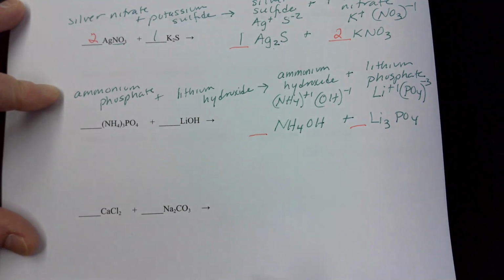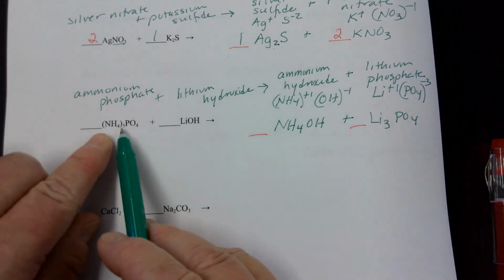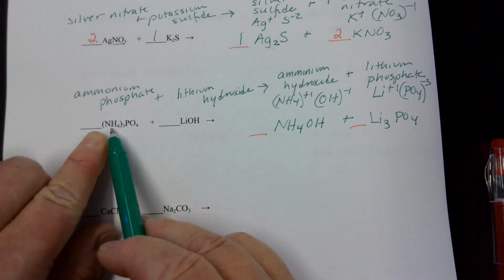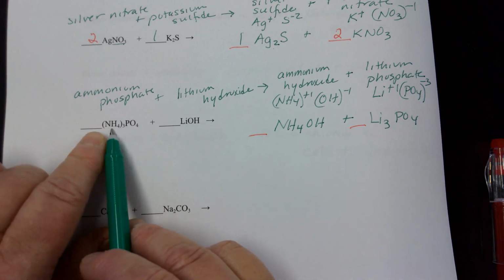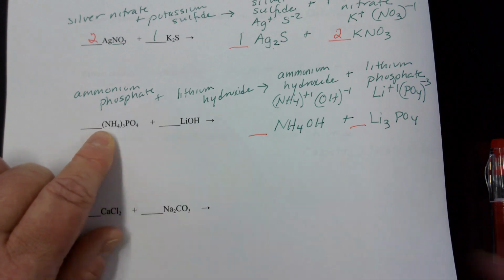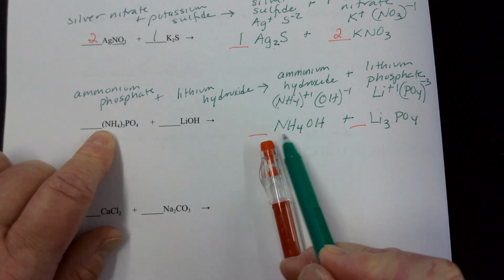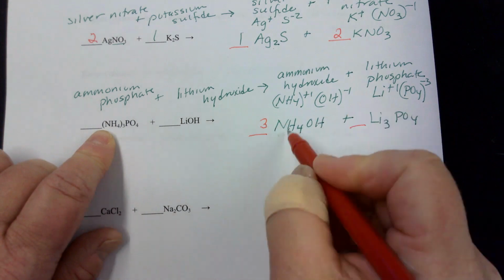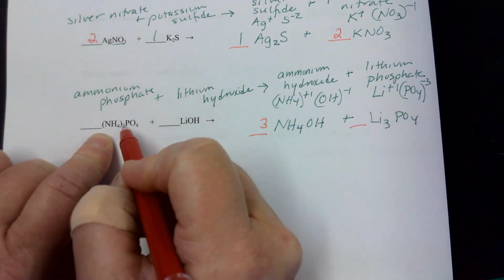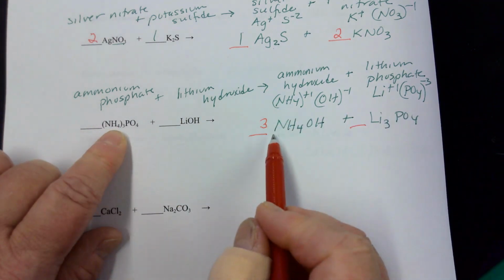Now let's balance. We're going to treat these ions as ions and not as their individual atoms. I've got 3 ammonium groups here, but only 1 ammonium group over here. So I'm going to put a 3 in front of that to give me 3 ammoniums to match up with those 3 ammoniums.